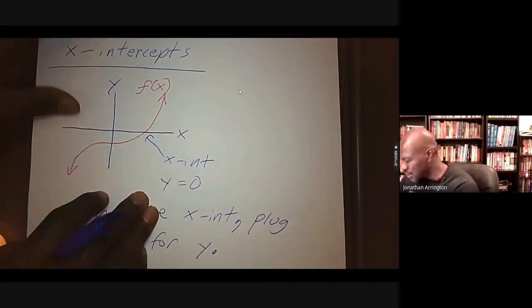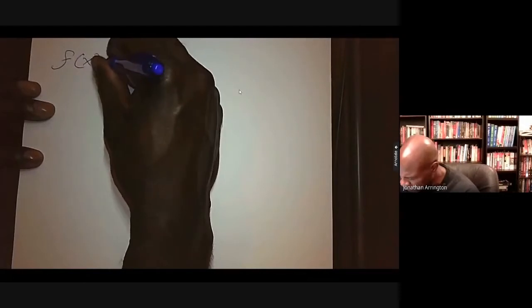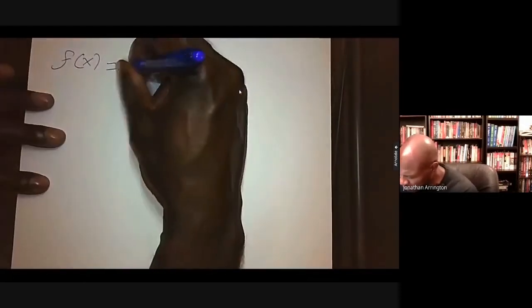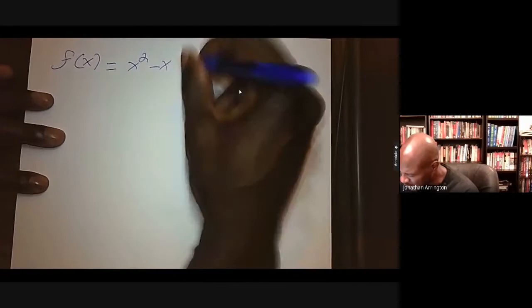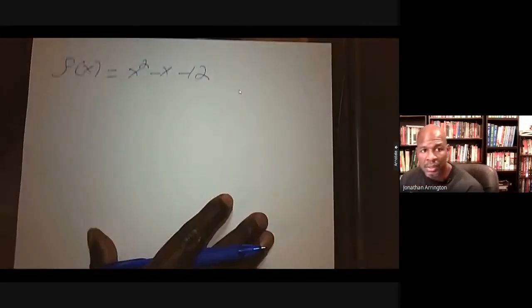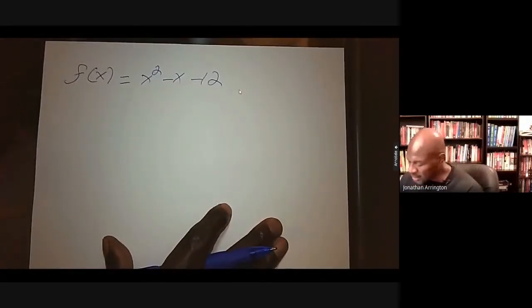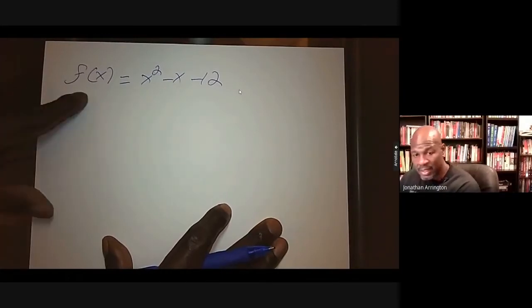For instance, if I take the following function, let's do something basic like this. So if I take this quadratic function, and again, f of x is the same as y.